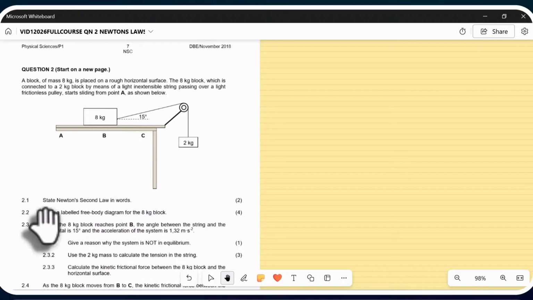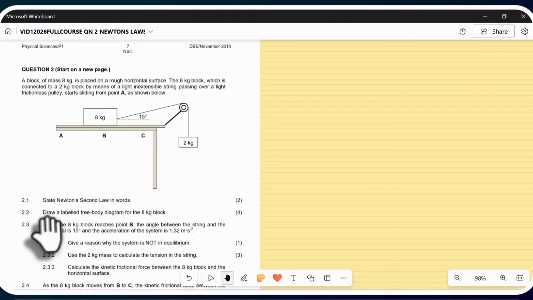They say 2.1, state Newton's second law in words. When a net force acts on the body, it will accelerate in the direction of the net force, with the acceleration directly proportional to the force and inversely proportional to the mass of the body.